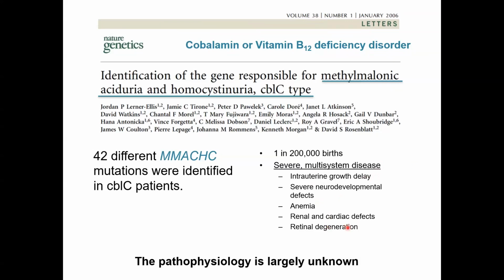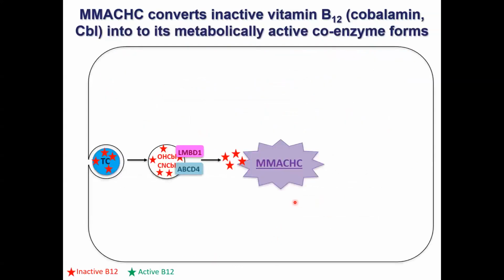And importantly, like many rare disorders, the pathophysiology of this congenital disorder is largely unknown. When I say pathophysiology, I mean the cause, what happens at the cellular level to cause this disease.